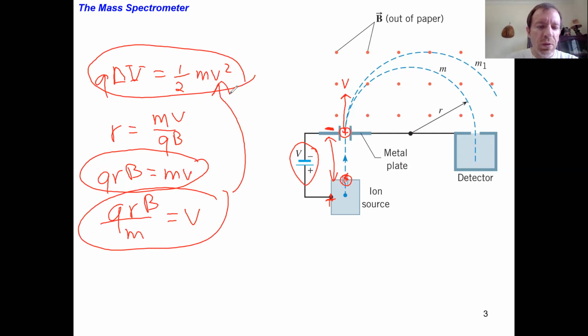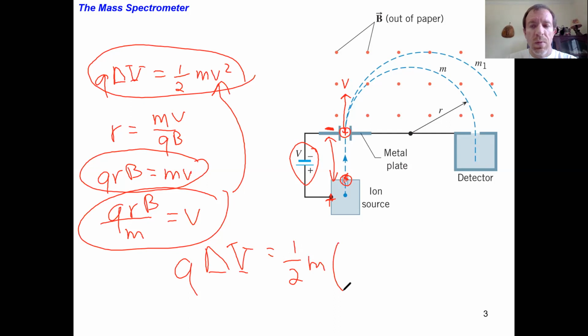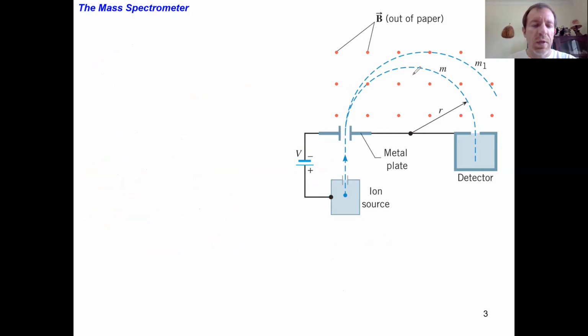So it looks like Q delta V is equal to 1/2 m times the bottom expression there, squared. All right. Let's buy ourselves a little more space and move on to the next slide here.